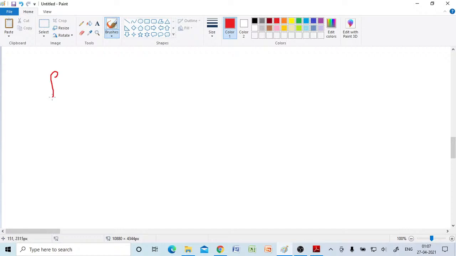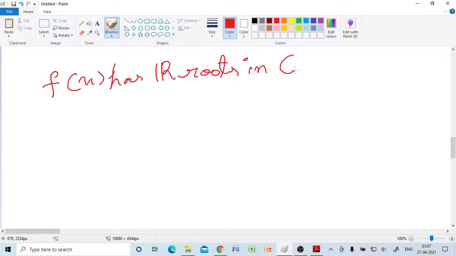f of x has real roots in every (ai, ai plus 1) interval. In every such interval, this function has a root.